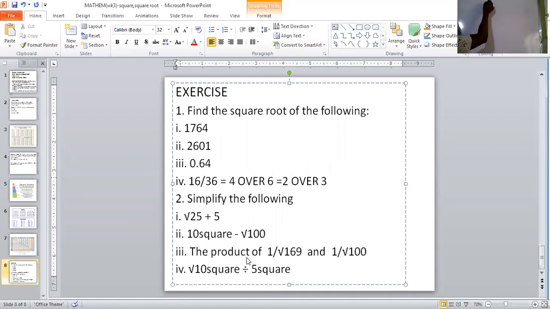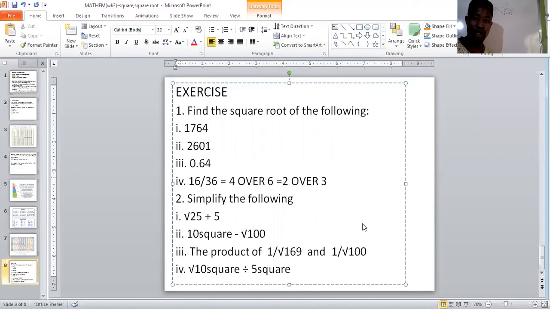So you're saying multiply 1 over square root of 169 and 1 over square root of 100.